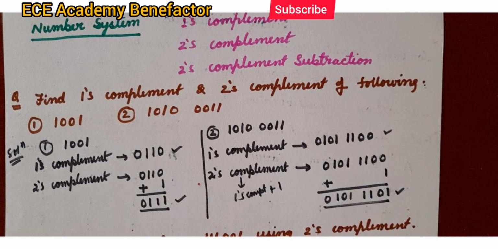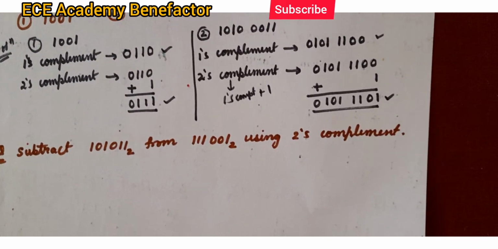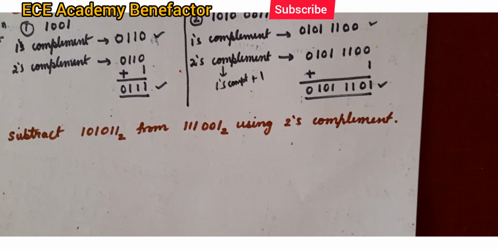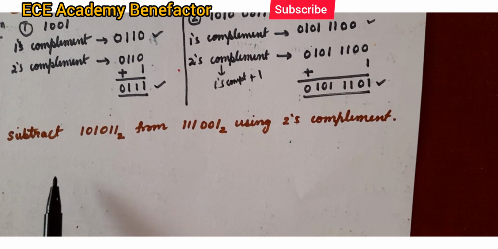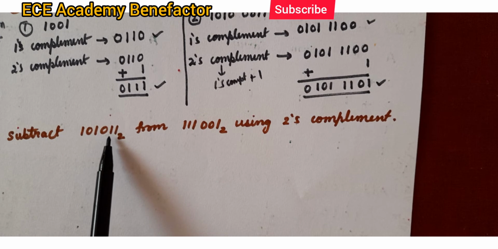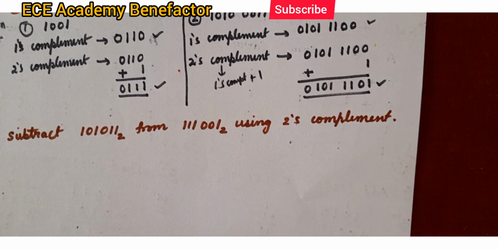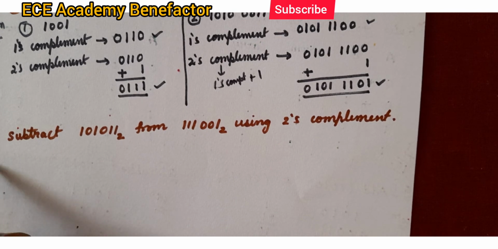Next topic is binary subtraction using twos complement. Under this topic, the first question is subtract 101011 from 111001 using twos complement. So what is the given question? Let us write.